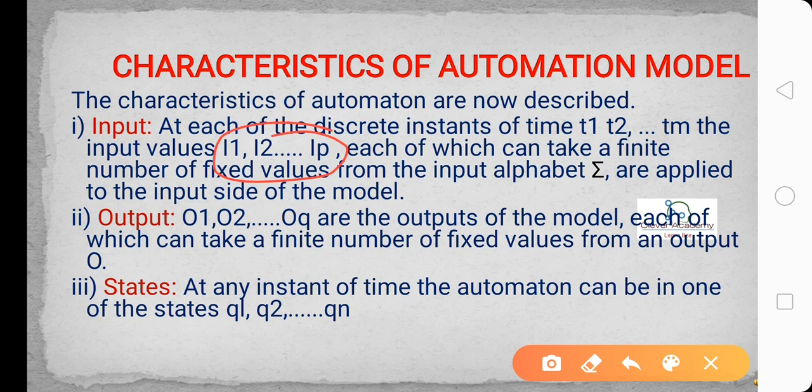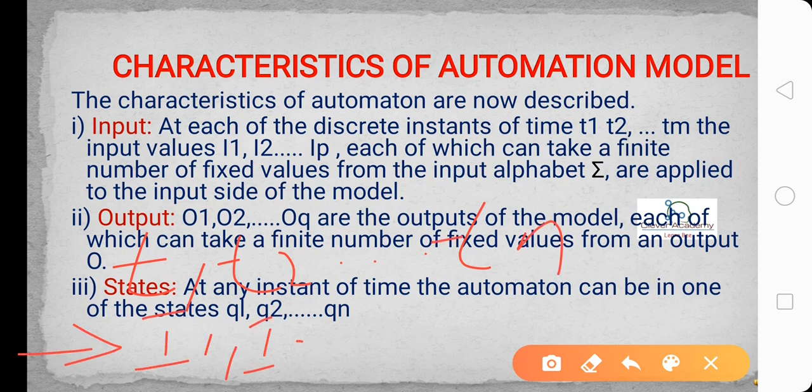So we are applying this input at different timings. That's why we are representing t1, t2 and so on up to tn. At the different locations you are giving input 1, input 2 and so on, input n.